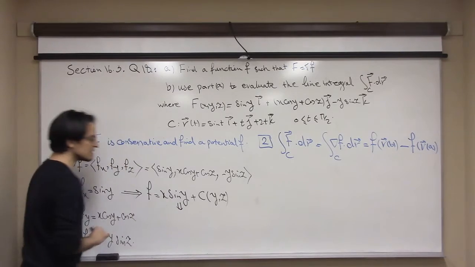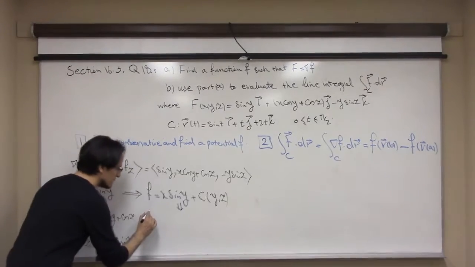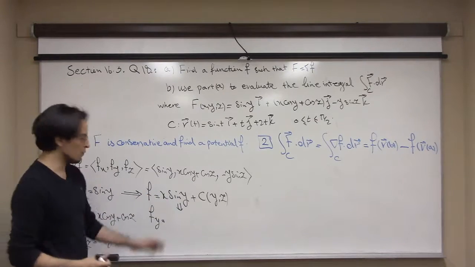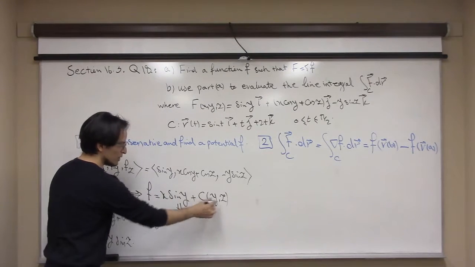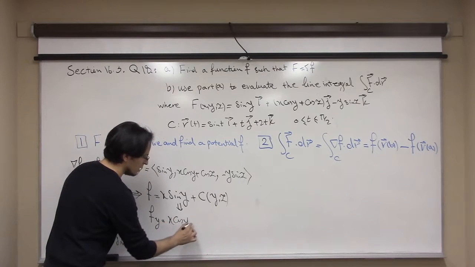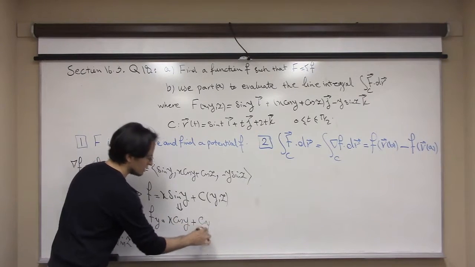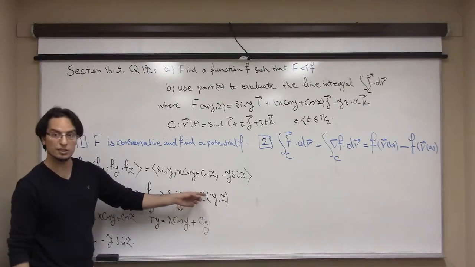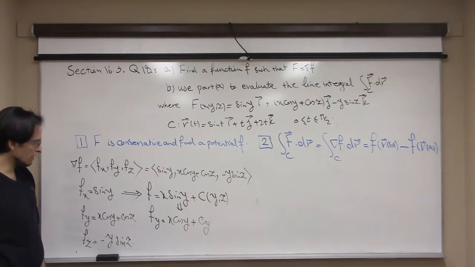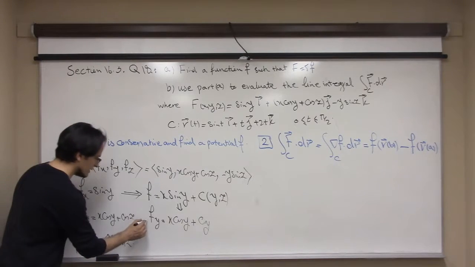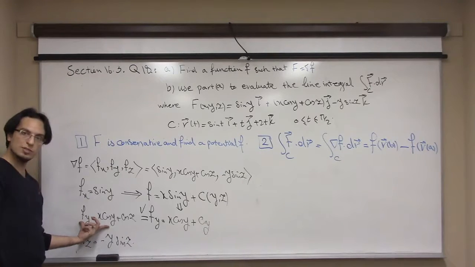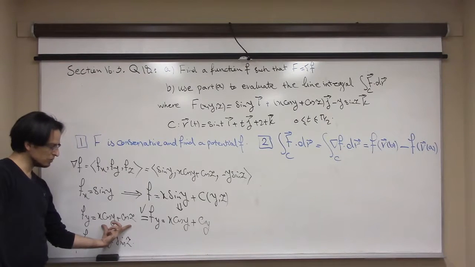Okay, if that's the form of my function, then I can differentiate this with respect to y. What would be the partial derivative of this with respect to y? It is going to be x cosine y plus the partial derivative of this function, whatever that is, with respect to y. Okay, so that's very good. But I already know that the partial derivative of f with respect to y should be equal to this.